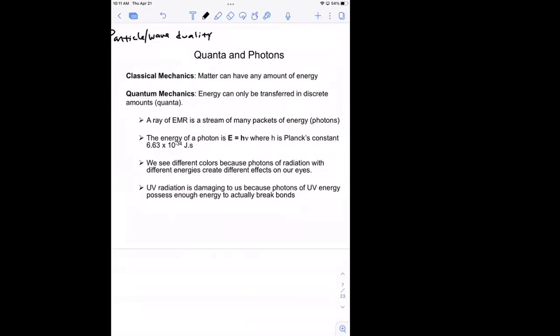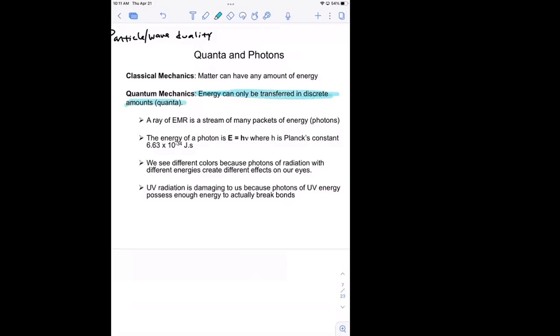Under the classical mechanics school of thought, matter can have any amount of energy, but quantum mechanics, again, we're not going to go into all the details about that, because that's more physics and physical chemistry than CHEM. But one of the key concepts of quantum mechanics is that energy is transferred in quantized amounts or discrete amounts.